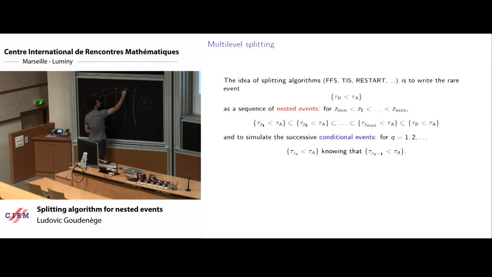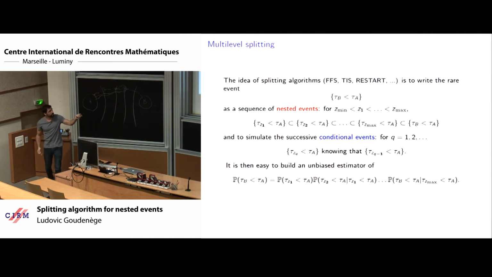Maybe they will go back to A with a very big probability, but maybe a lot of particles will reach these new levels. The idea is that you split all your physical space into many levels, and if these levels are very close, it is easier to compute each probability.